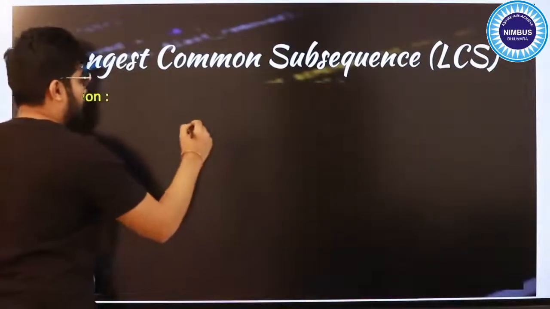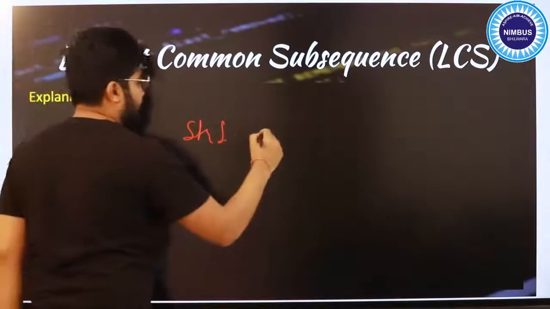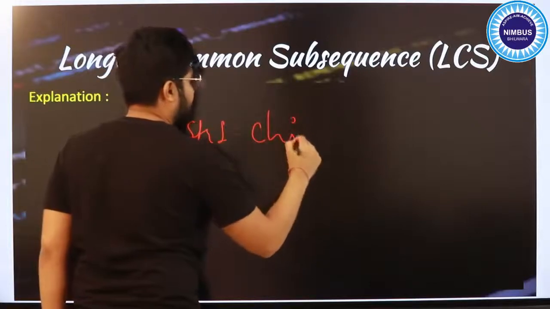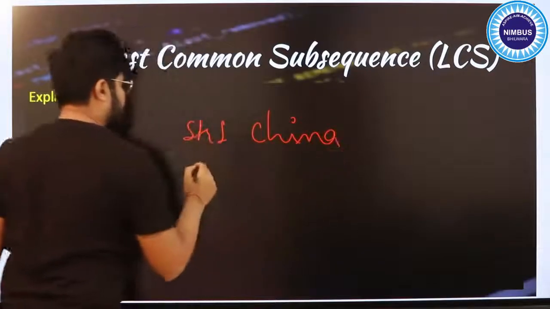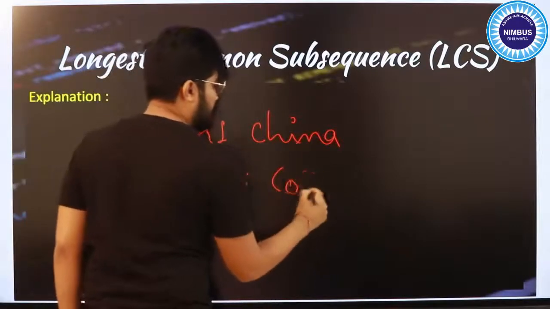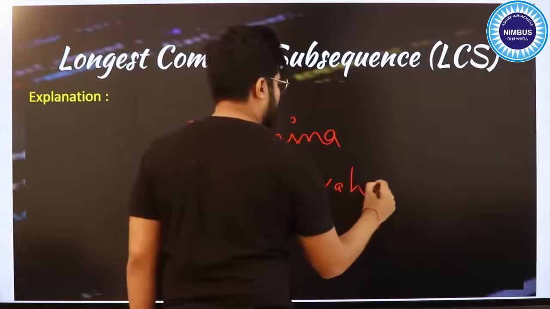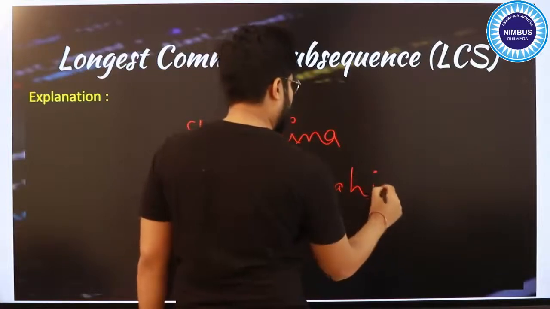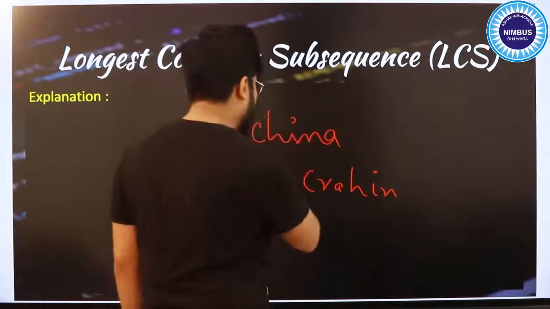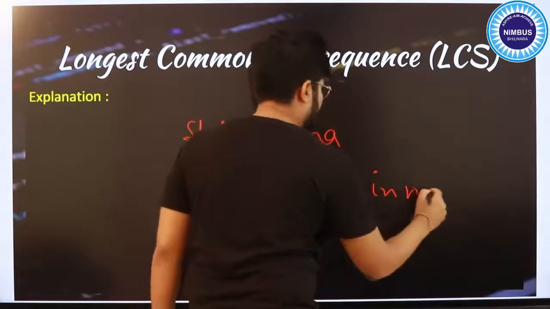So suppose you have a string 1, let's say CHINA, and string 2 as COCRAHIN. So that will be CHN and NA.